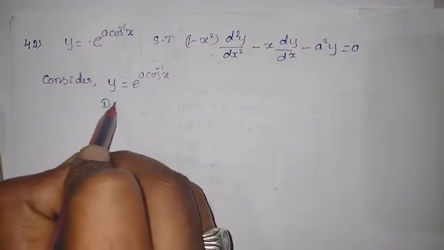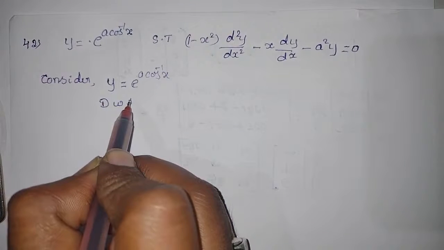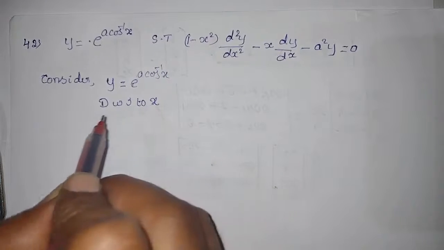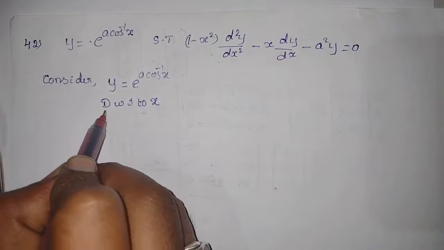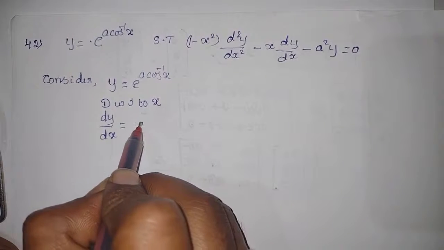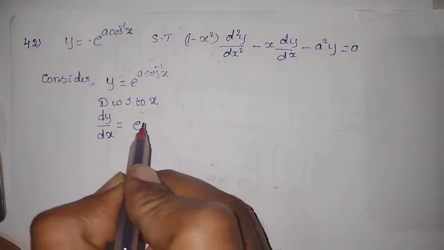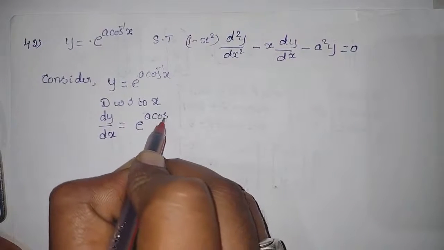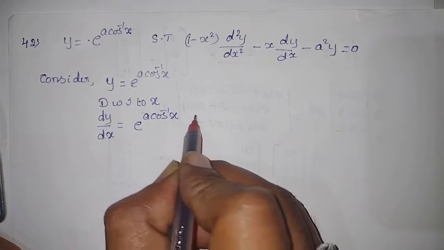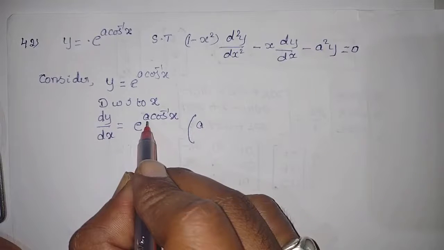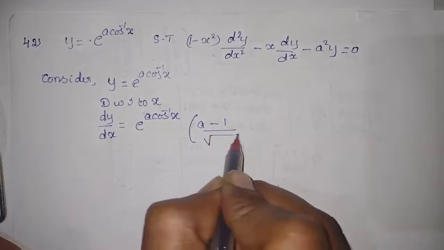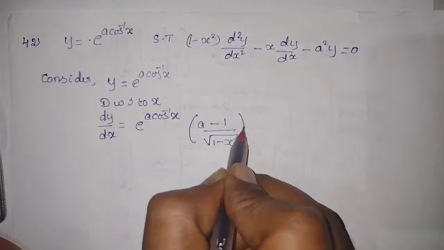By differentiating with respect to x, so differentiation of y means dy by dx is equal to differentiation of e power a cos inverse of x, which means e power a cos inverse of x into, again, differentiation of a cos inverse of x, which means a into, because a is a constant, put as it is, differentiation of cos inverse of x means minus 1 divided by root of 1 minus x square. Clear?